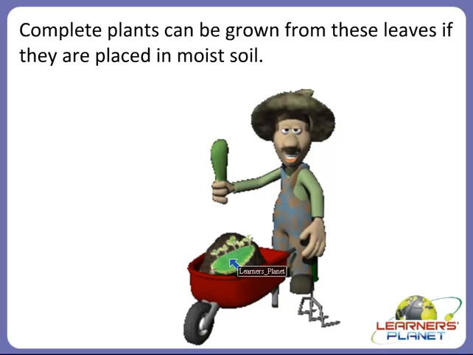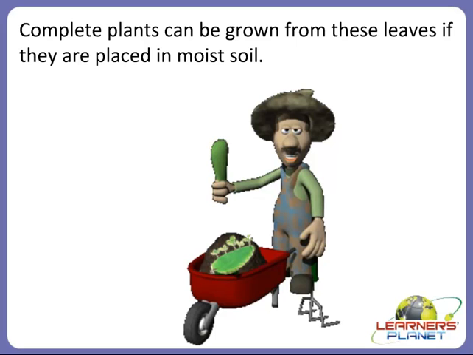So this is also possible. This is one such example of a plant that can grow from the leaves, right children? So let's see more methods by which we can grow plants.